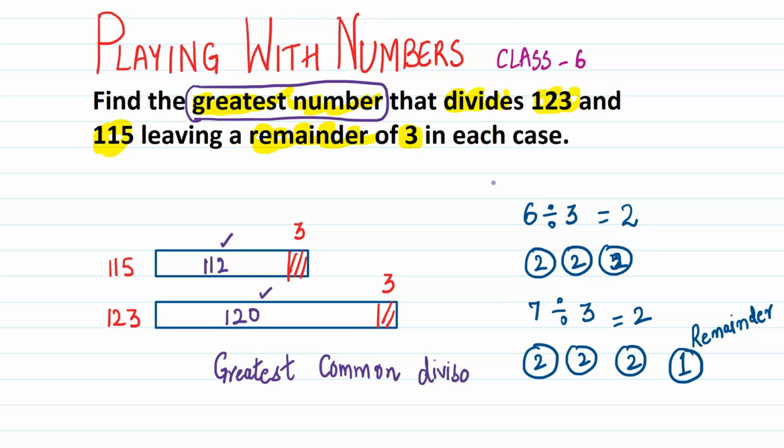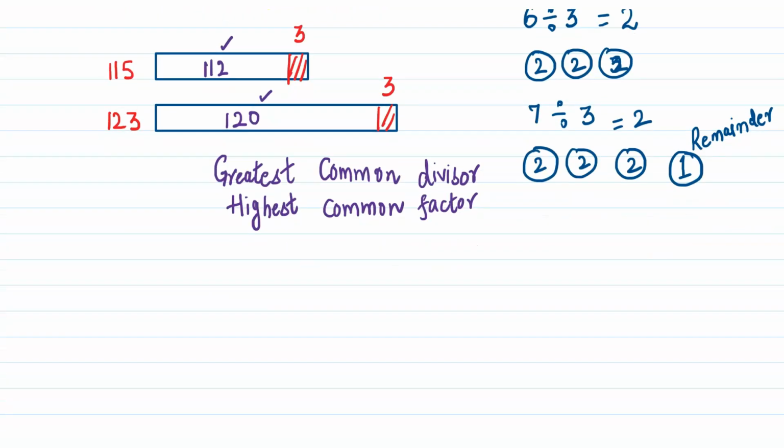There is another name for the word divisor, which is factor. So I can also say that I have to find the highest common factor of 112 and 120. So let's find the highest common factor of 112 and 120.